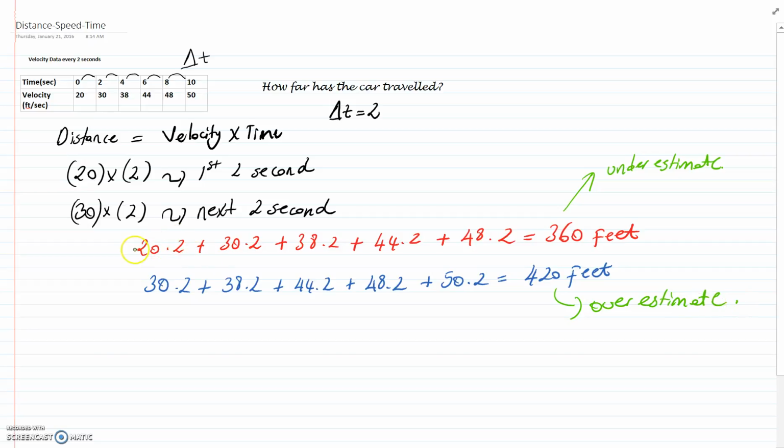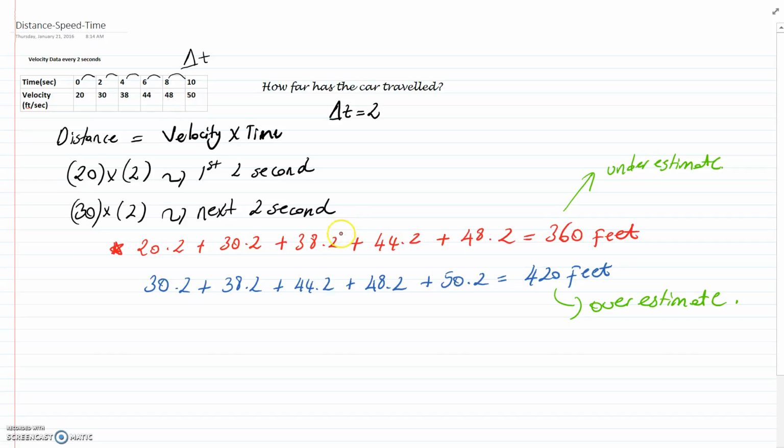So the difference between this red line and the blue line: for the red part, or this approach, we are starting to slice our distance starting from 20 with the same interval, but we're going till 48. If we think that the first 2 seconds starts with 30 feet, if we start our slices from 30, then we're doing 30 times 2, 38 times 2, 44 times 2, 48 times 2, but this time we're taking 50 into account.